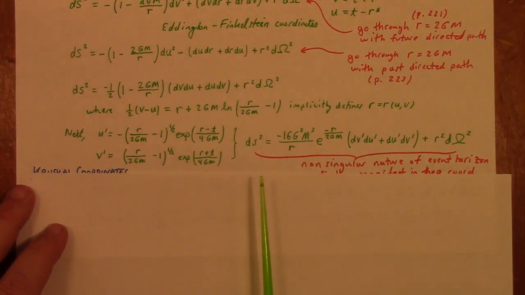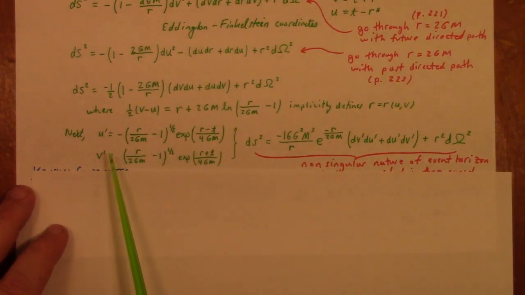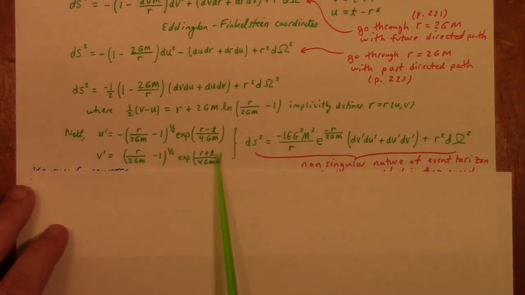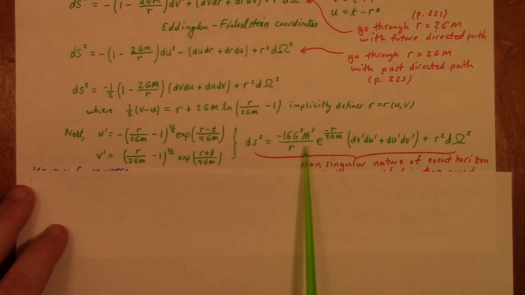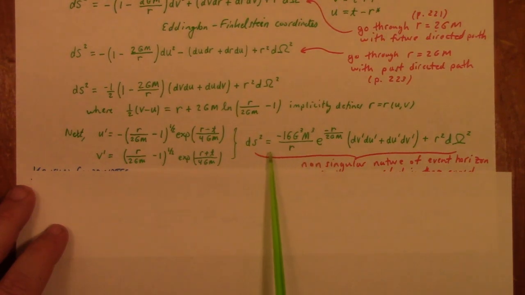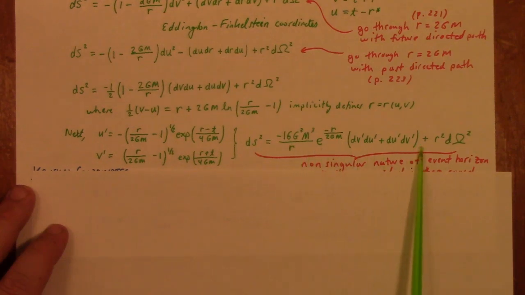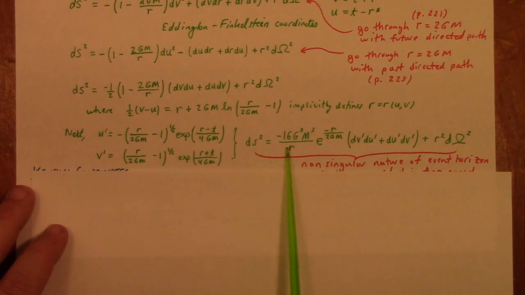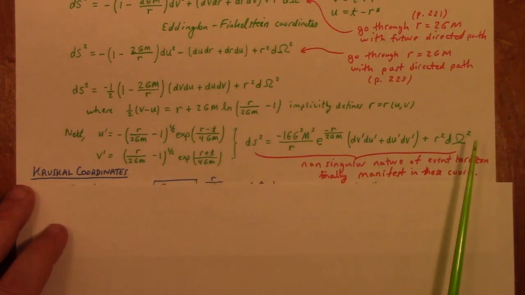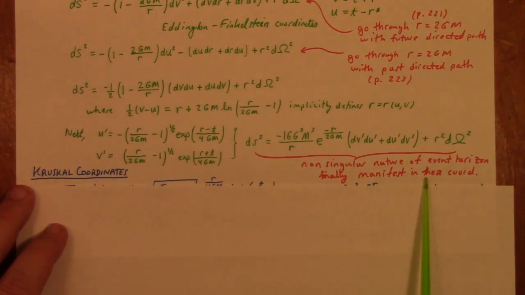And then you can define u prime and v prime like this. And if you do that, then the metric looks like this. And finally, we have come to a form for the metric where there really is no special significance to the Schwarzschild radius. In this system of coordinates, the non-singular nature of the event horizon is finally manifest.